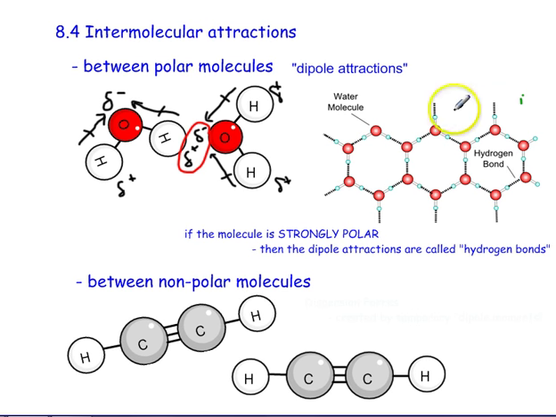Now, it is these intermolecular attractions that allow water to exist readily in the liquid state. Because of these attractions, water molecules are held together, and their natural state at room temperature is to be in a liquid form as opposed to a gas form.